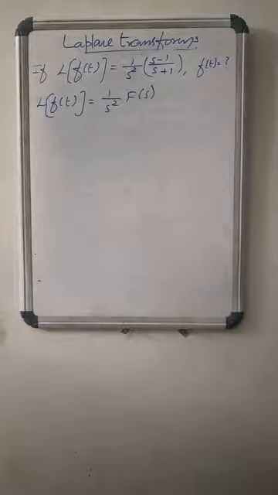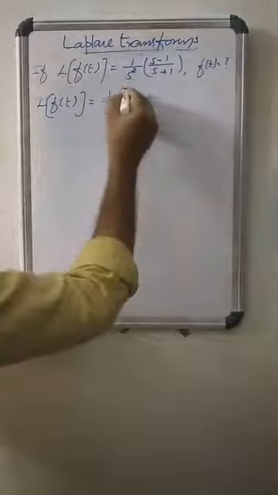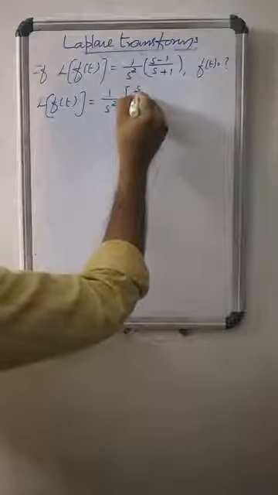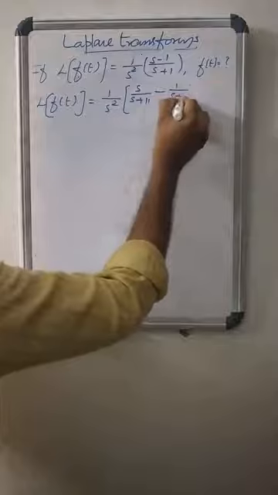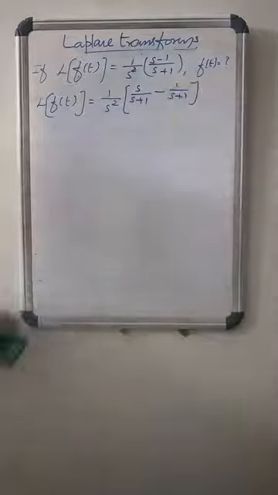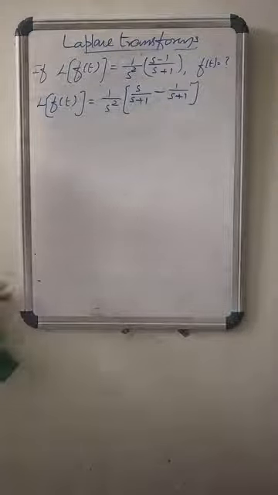Here let F(s) be s minus 1 by s plus 1, so this can be rewritten as 1 by s square into s minus 1 by s plus 1. It can be rewritten as s by s plus 1 minus 1 by s plus 1.